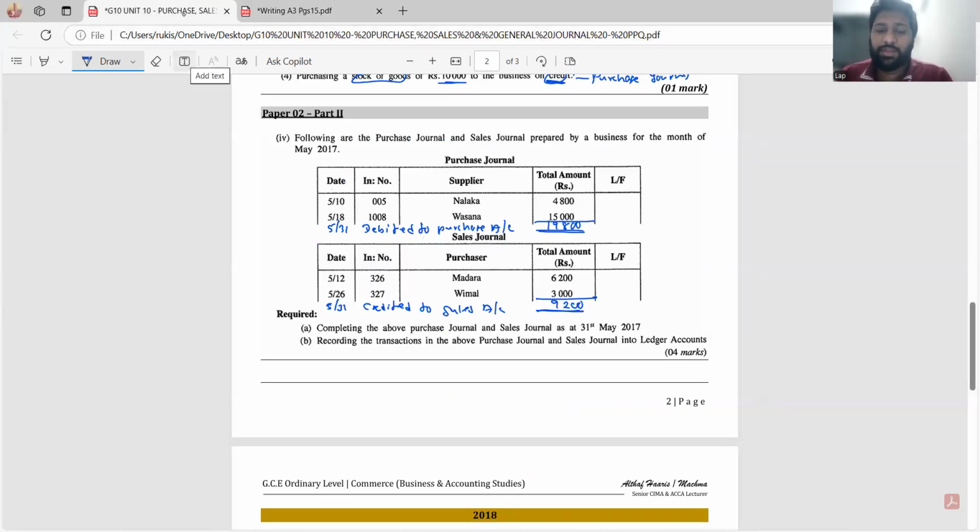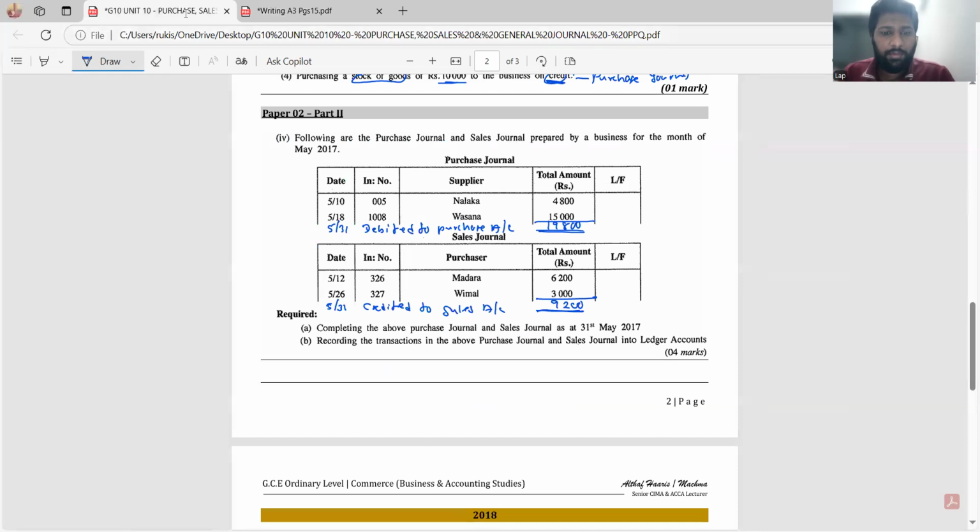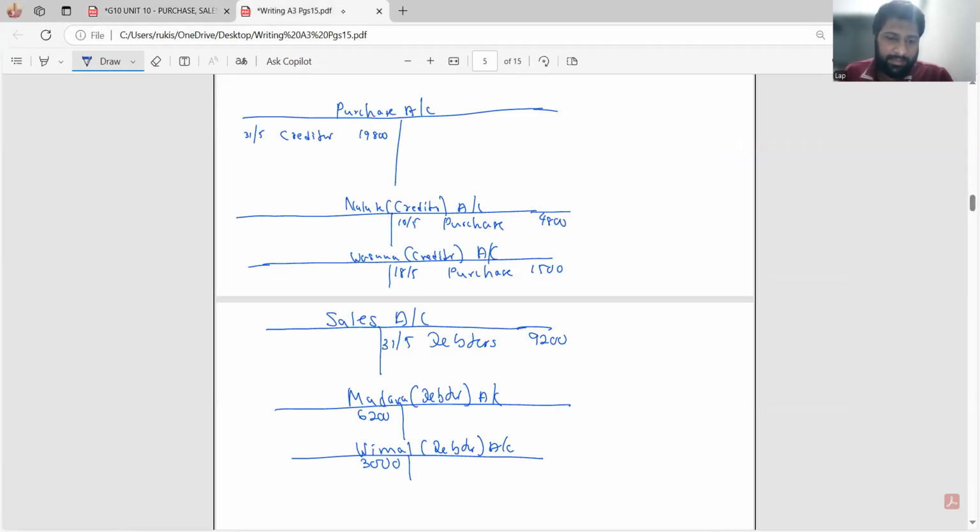Individual amounts will go to the individual account. 9,200, 6,200, 3,000. Here you can write 12 and 26. Sales. That's it.